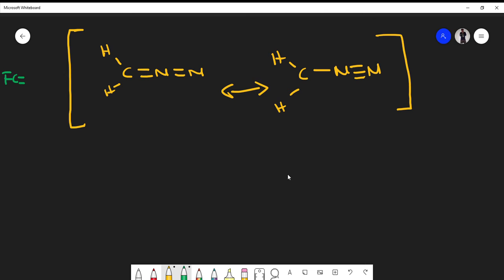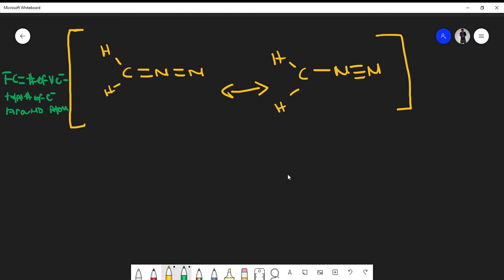The shortcut formula says that we take the number of valence electrons of the atom of interest minus the total number of electrons around the atom. So this is how we define a formal charge in our definition, and we're going to do some examples.